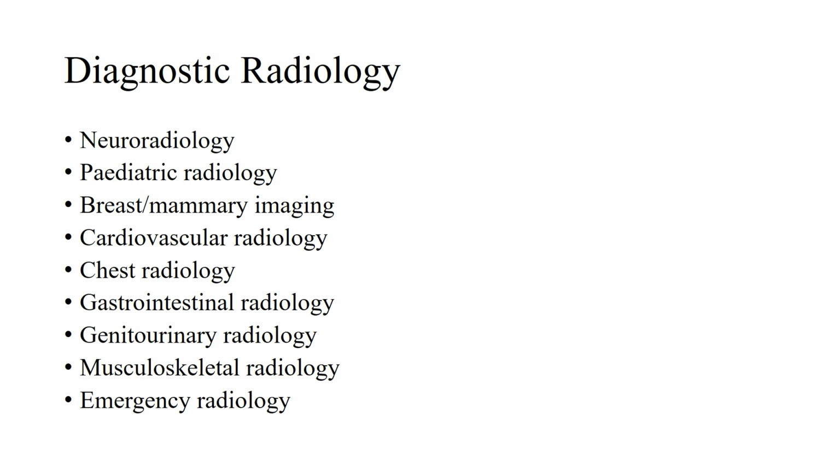Diagnostic radiology deals with a variety of regions in the biological system, right from the brain, which is known as neuroradiology. Radiology dealing with toddlers covers, in humans, up to the age of 12 to 14 years.